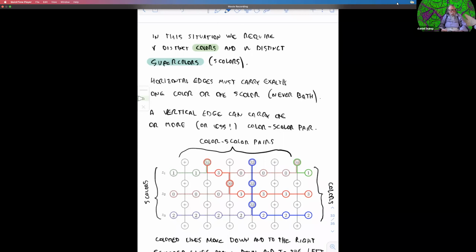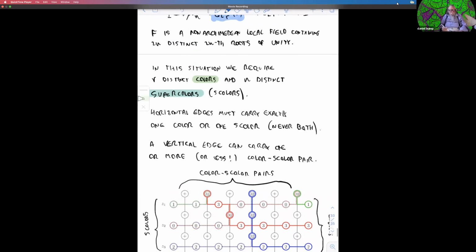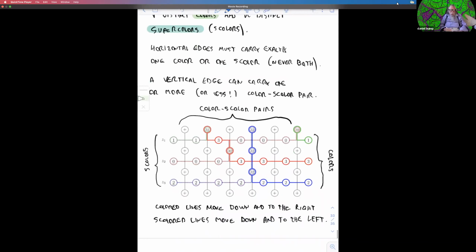Then you can make colored lines as before, and the colored lines start at the top and they end up at the right edge. But the S colored lines end up at the left edge. In the models that we're considering, we're going to take the colors to be distinct, but the supercolors actually could repeat on the left edge. We would allow that.